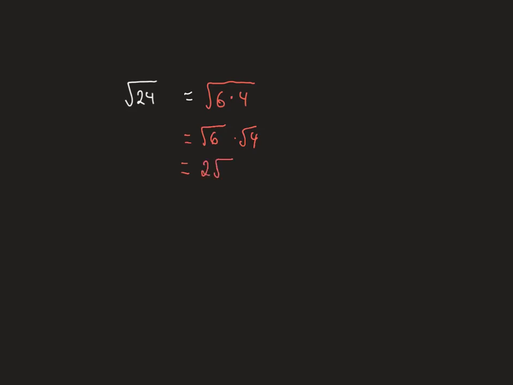Square root of 6 is not a perfect square, so 2 times square root of 6 is the smallest I can go. Okay? Now, what would happen if I didn't know how to make this simplified? Well, that is where we come to prime factorization.